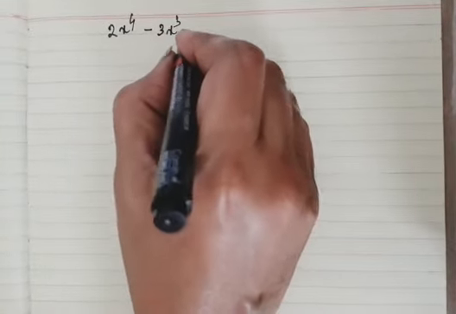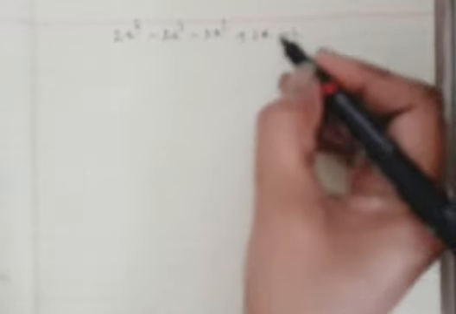There is a biquadratic polynomial, and the polynomial is 2x to the power 4, then minus 3x cube minus 3x square plus 6x minus 2.